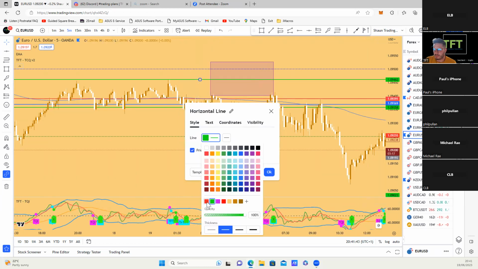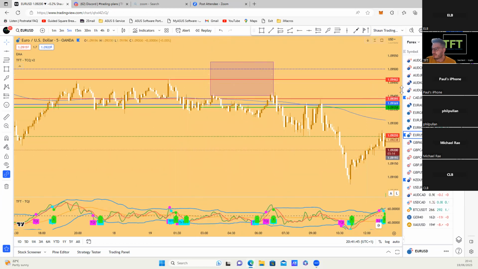So you've got 46 there, your entry is here at 35, so you've got an 11 pip stop loss. Rather than having a 10 pip stop loss, you've now added another one on. It's not guaranteeing you get into the trade, but it's giving you a lot.